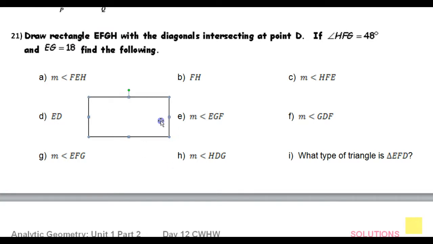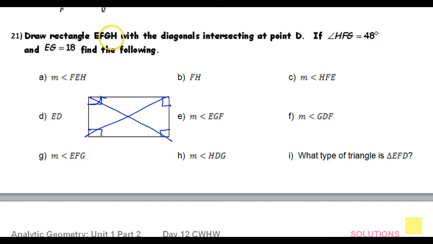So obviously this is a rectangle because it has 4 right angles. It's not a very good right angle. But you also need to know that the diagonals will be congruent. So those 2 lines would be congruent.